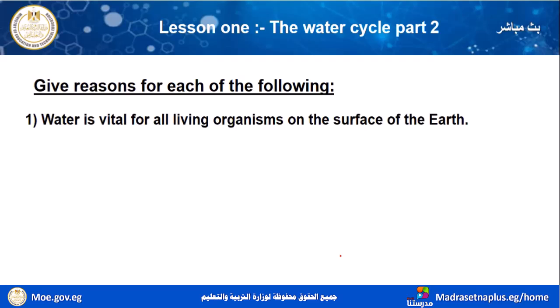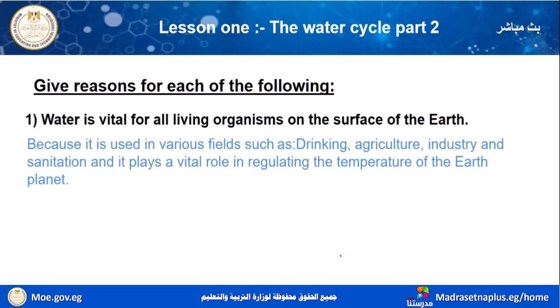Number 1. Water is vital for all living organisms on the surface of the earth because it is used in various fields such as drinking, agriculture, industry, and sanitation, and it plays a vital role in regulating the temperature of the Earth's planet.